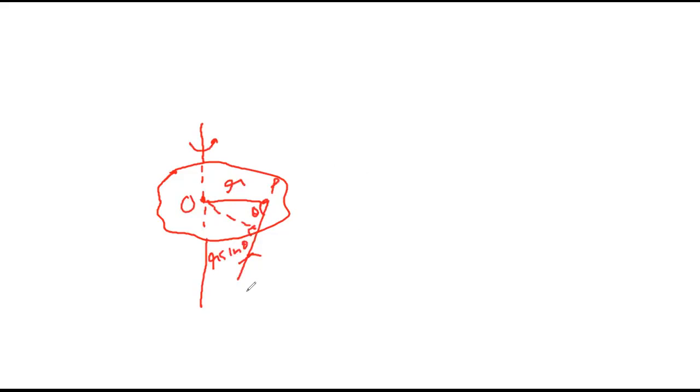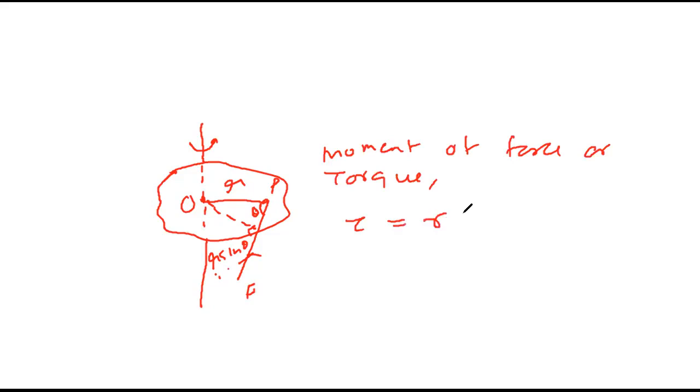So force is F acting at a point making angle theta with the line joining. So theta के बाजू वाला side will be R sine theta. From this we can say moment of force, also called torque, tau, is R F sine theta.